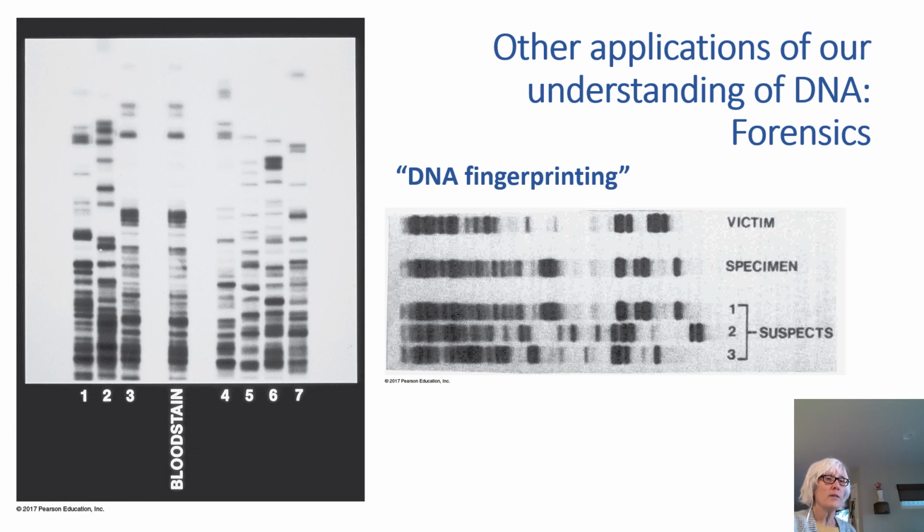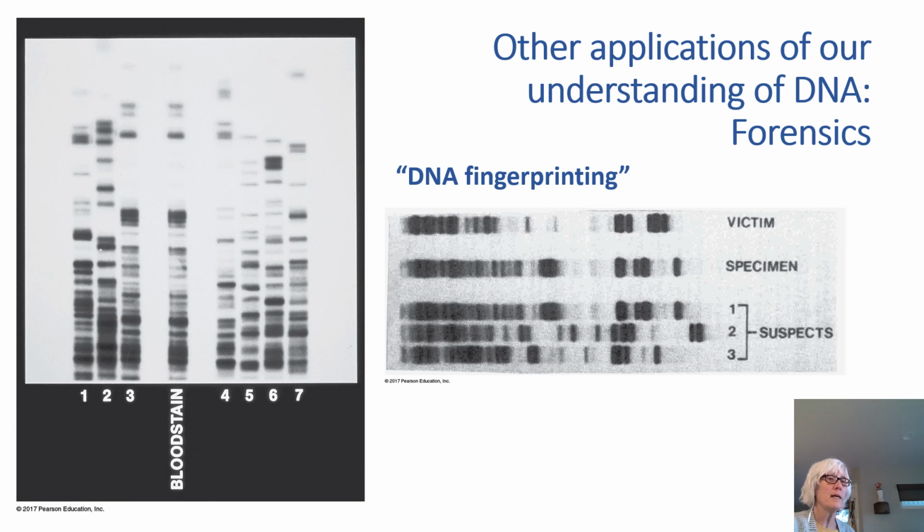In the image on the left, you see that the stripe labeled blood stain shows us the pattern of some DNA that was acquired from a crime scene. On either side of that blood stain stripe, we see samples of blood and DNA that was in that blood, fragmented to produce a DNA fingerprint.